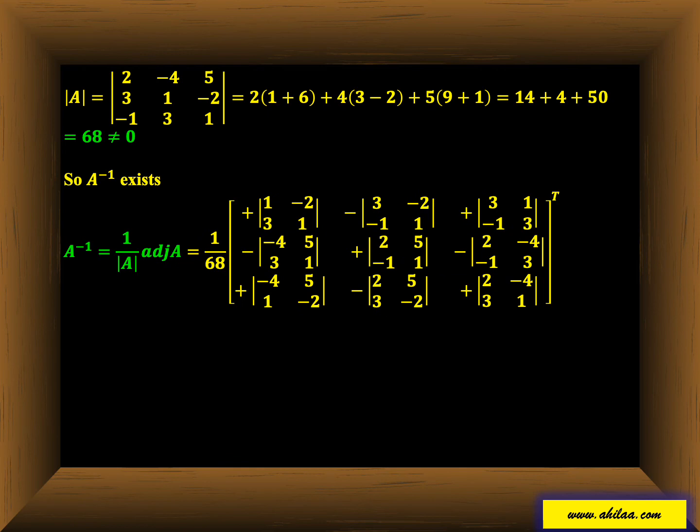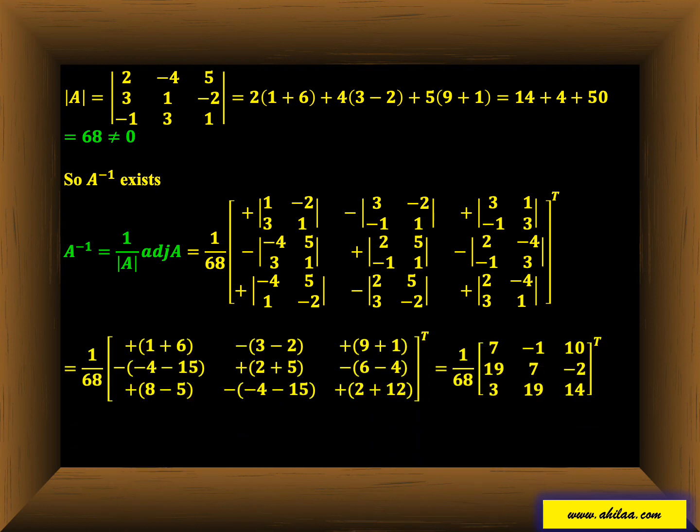Then find A inverse using the formula 1 by determinant A into adj A. Since it is a 3 by 3 matrix, we need to find the transpose of the cofactor matrix for finding adj A. So after simplification, we are getting A inverse as 1 by 68 into the 3 by 3 matrix 7, 19, 3, minus 1, 7, 19, 10, minus 2, 14.